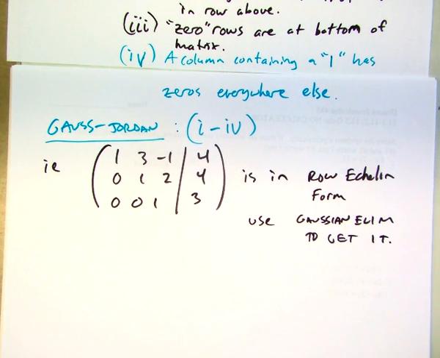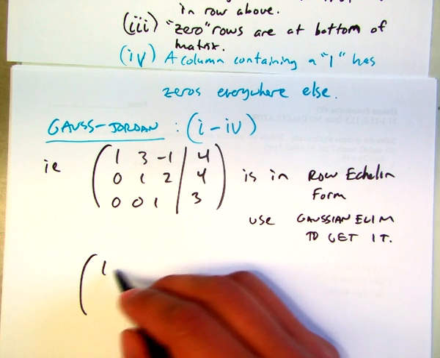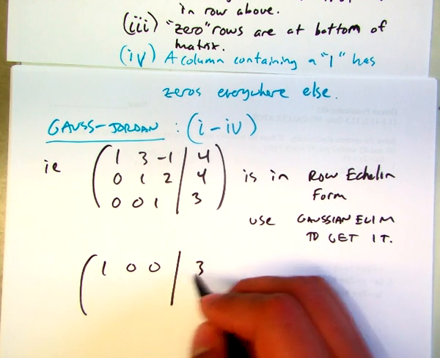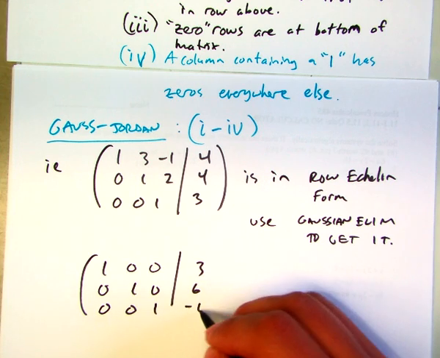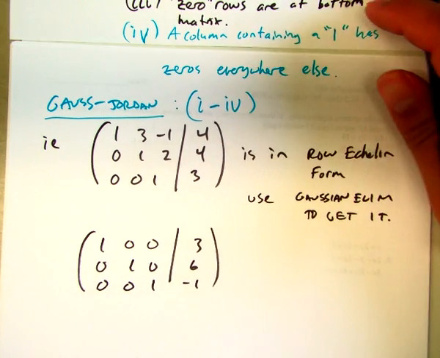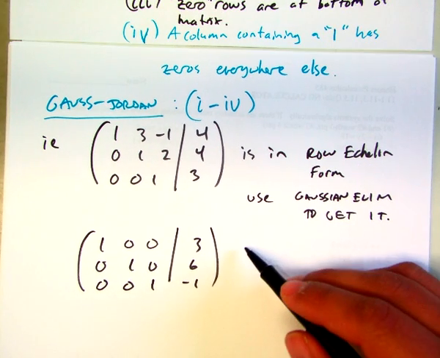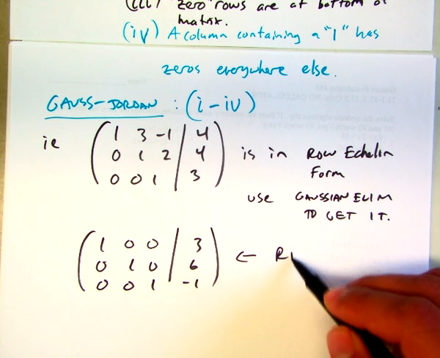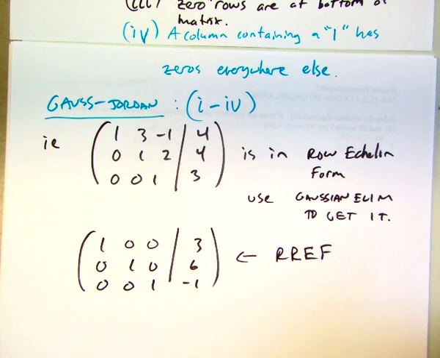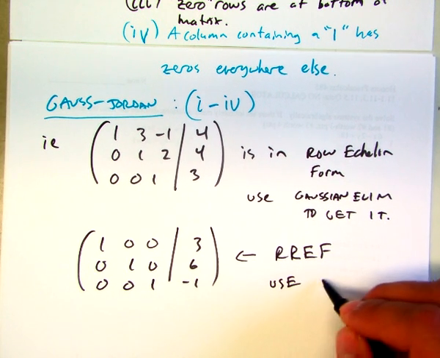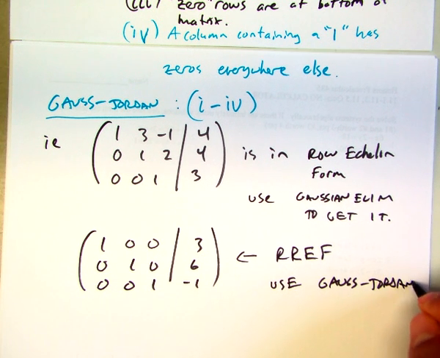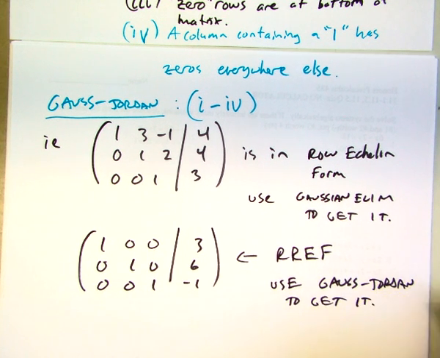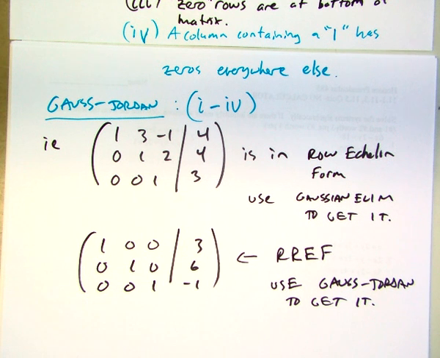Now, a matrix that looks like this is in reduced row echelon form, and we use Gauss-Jordan to get it to look like that. Okay, and we will be doing these things.